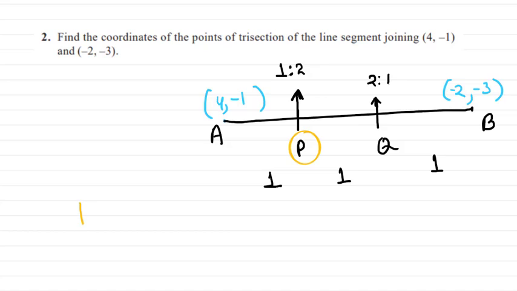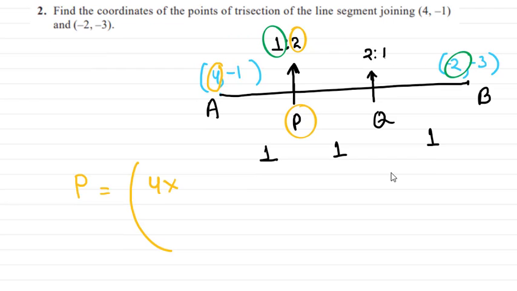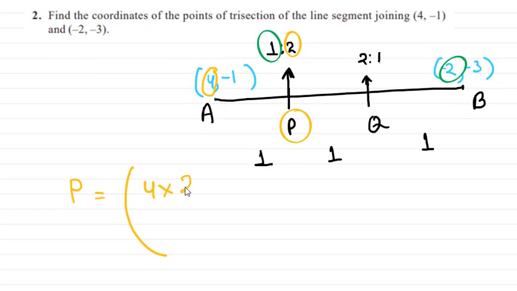So for finding the coordinates of P, what will be the x? So here for finding x, you have to multiply this 4 with 2 and we will multiply this. So here the x coordinate will be 4 into 2 and then you need to take this 1 with minus 2 and divided by 1 plus 2 will give you the x coordinate.